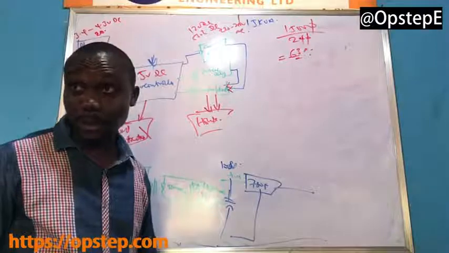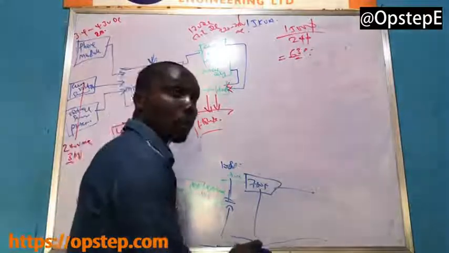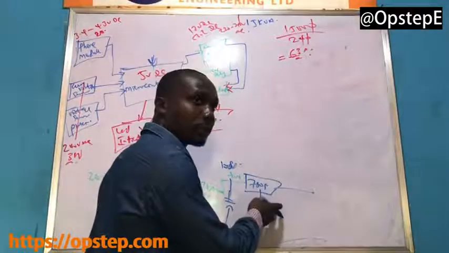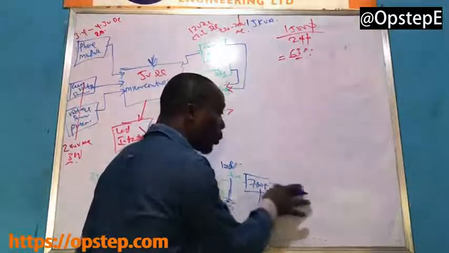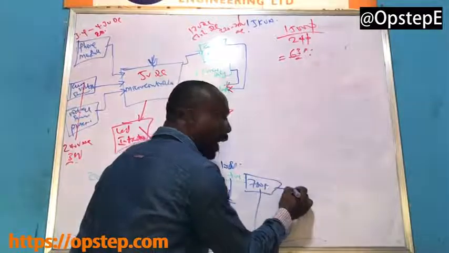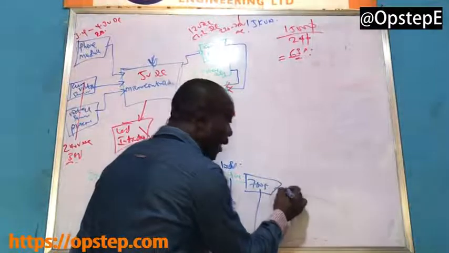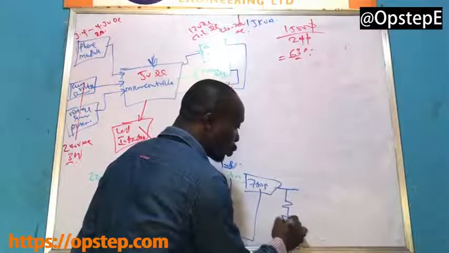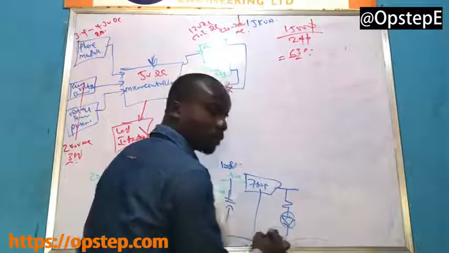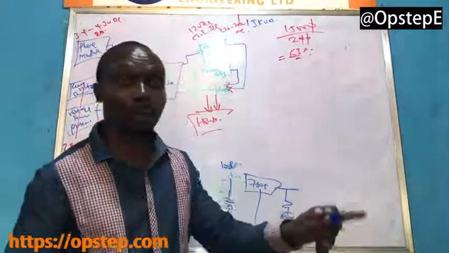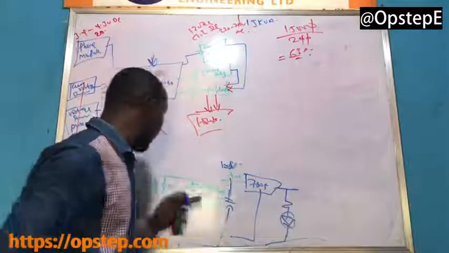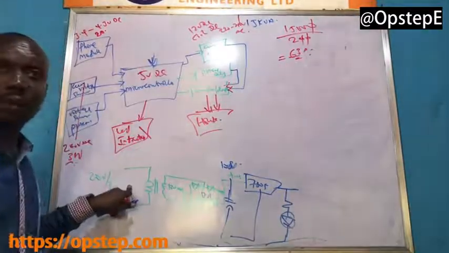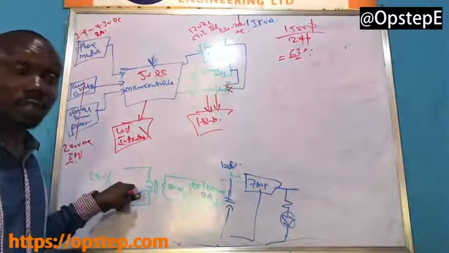Are you following me? So what we now did is this. Please look up. Now of course it's DC at this point. At the output, we have a resistor to a light emitting diode to ground. That's why you have an indicator on board to let you know that there is either NEPA light, if it is NEPA you are feeding there, or the generator light if you are feeding the generator.